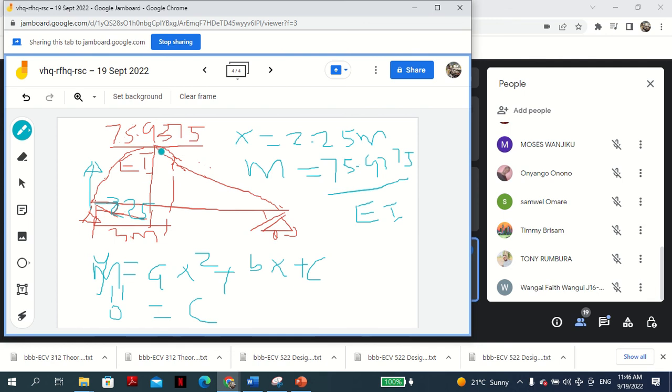You can also calculate at 3. So this is one to find. So you substitute in this equation, you have one equation. Then at x equals 3, you can also get the moment there which would be actually 67.